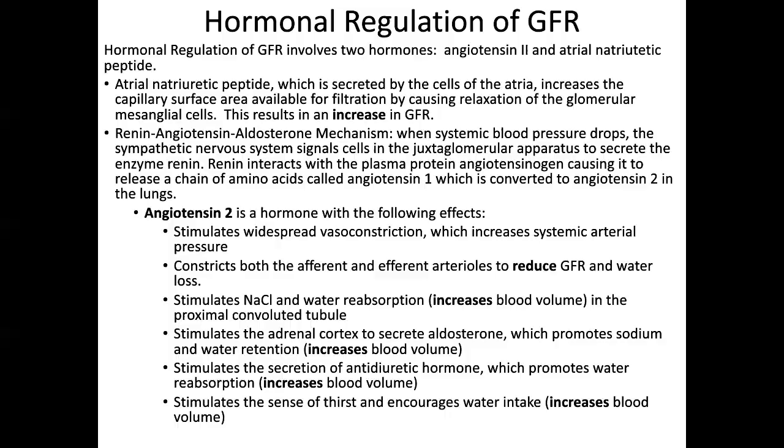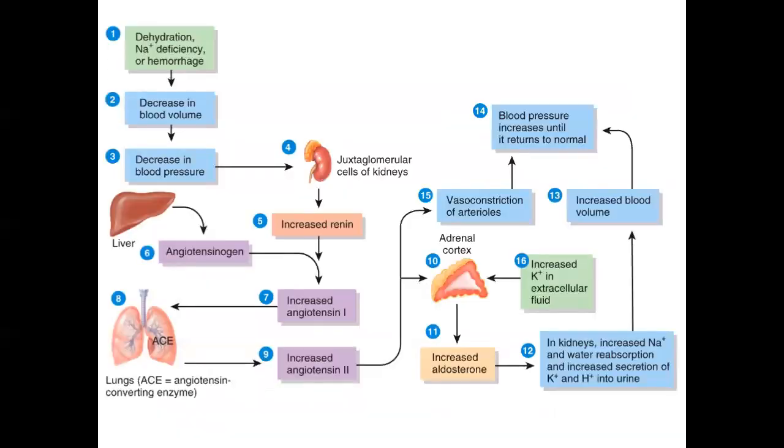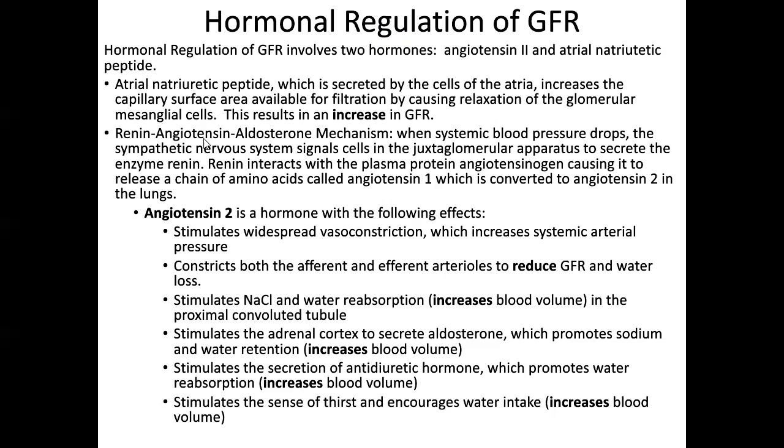And it's really complicated. And you've seen this figure before where you've got not only the kidneys, but the liver's involved, the lungs are involved, triggering the release of angiotensin 2, which then triggers the release of aldosterone from the adrenal cortex. That's why we call it the renin angiotensin aldosterone mechanism.